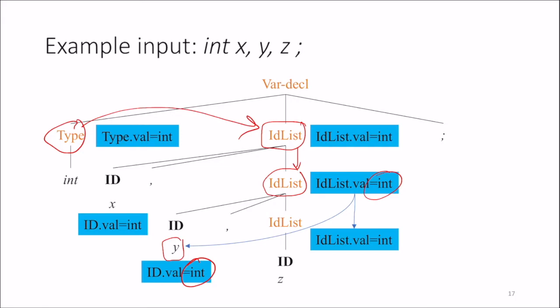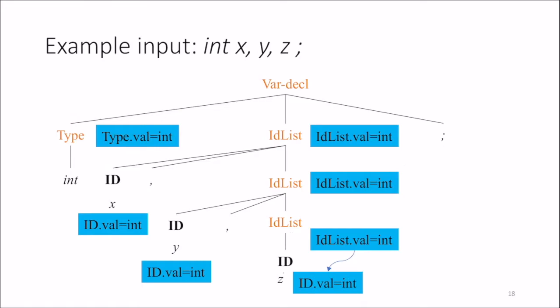So you can see the information is flowing from the sibling down to its children, all the way down until I get the information I need. There's one more step, which is this Z needs to be inserted into the symbol table, and it inherits from its parent, the ID list, the type value.